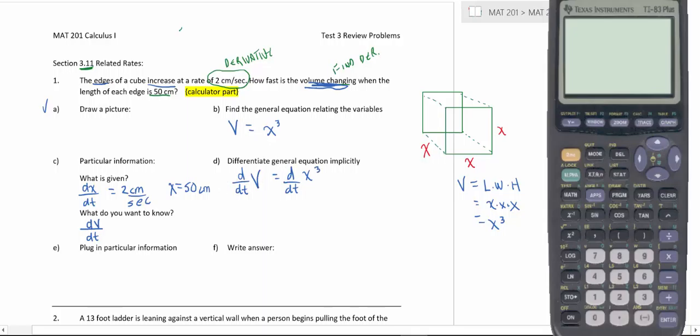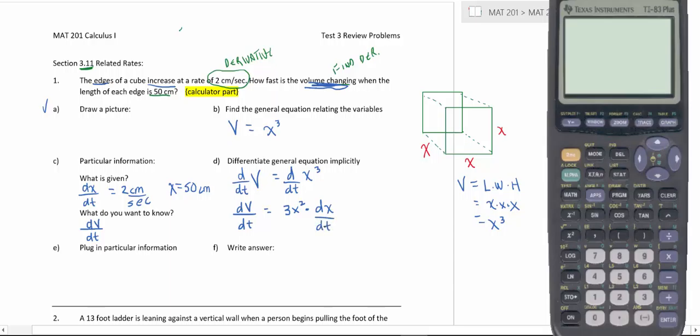The derivative of volume with respect to time, we can just write as dV/dt. The derivative of x to the third is 3x squared, but since those variables don't match, we also have to multiply that by the derivative of x with respect to t.